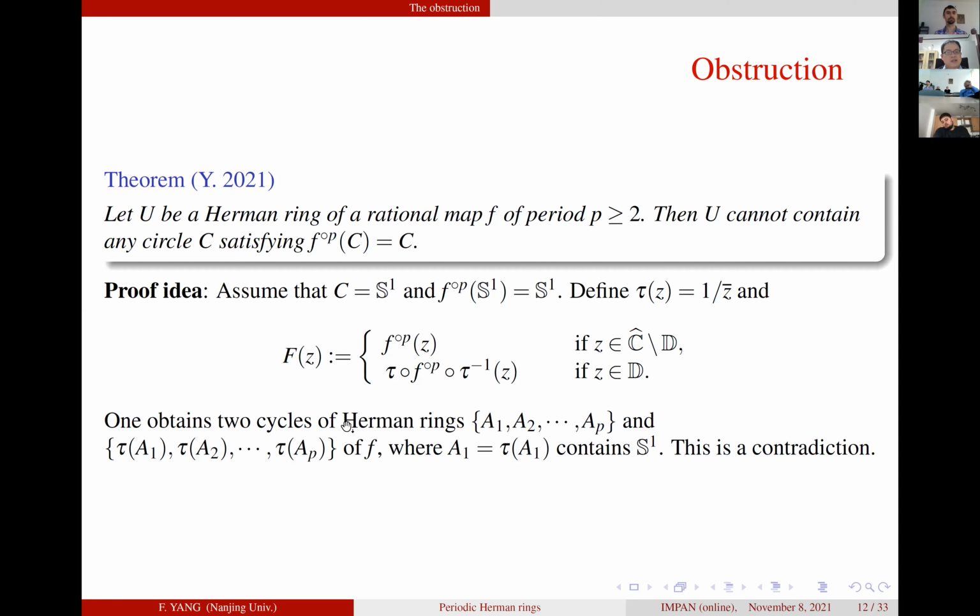So it has two cycles of Herman rings, and these two cycles coincide at the Fatou component containing the unit circle, and this is a contradiction. So we know periodic Herman rings cannot contain any periodic circle.